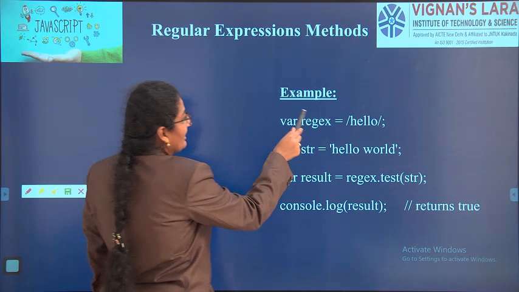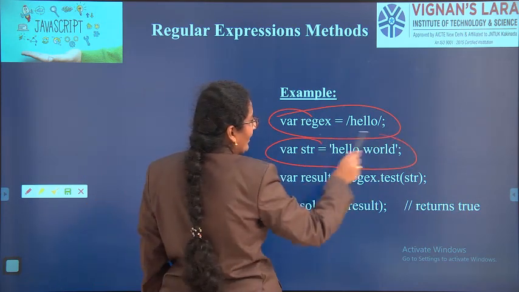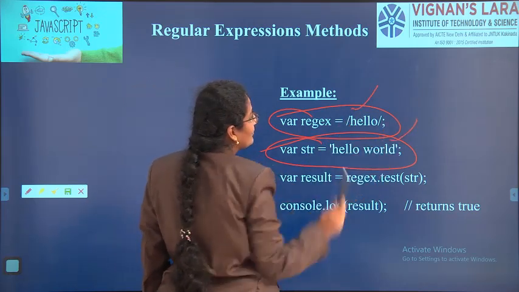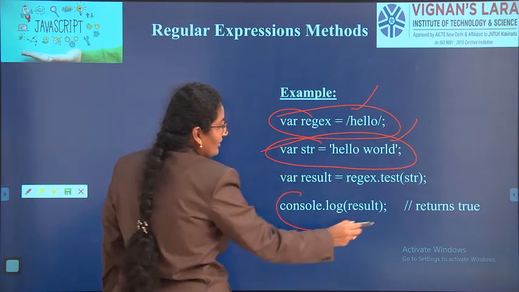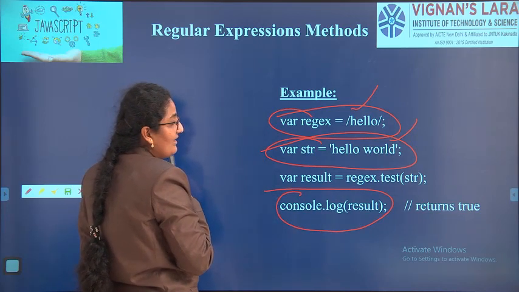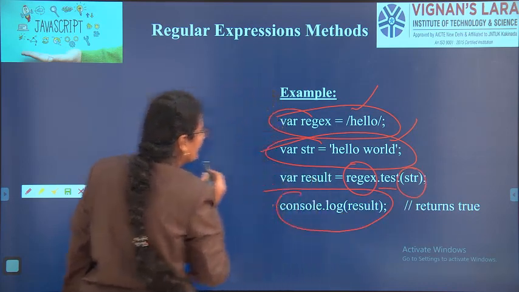First I have created a regular expression with forward slashes, hello. Then I have created a string, hello world. I want to print the output after checking whether these two match or not. Console.log(result) will give the output. What I want to put in the result is regularExpression.test(string).